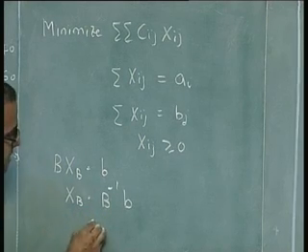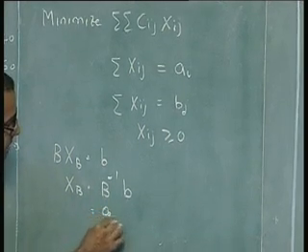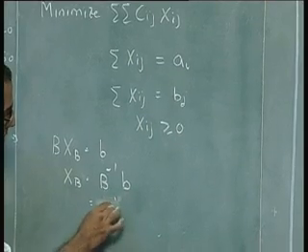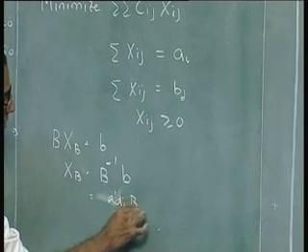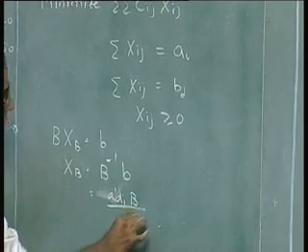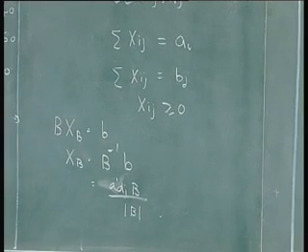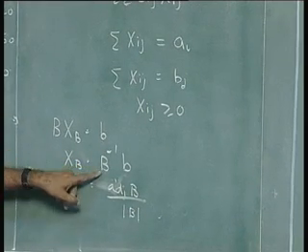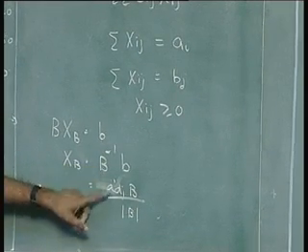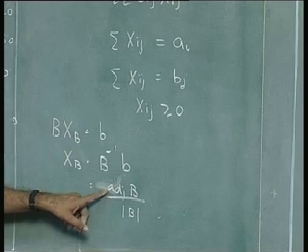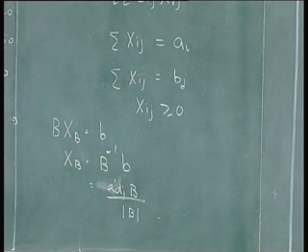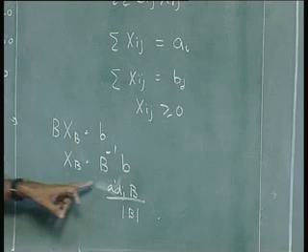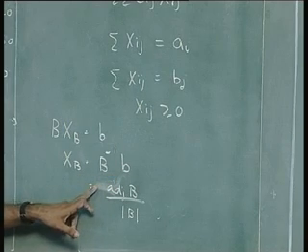Now, B inverse is cofactor or adjoint B by determinant B. Now, if this B matrix is made up of integers, then adjoint B will be integers, because every cofactor will be an integer. Adjoint is a transpose of the cofactor, so adjoint B will also be an integer.